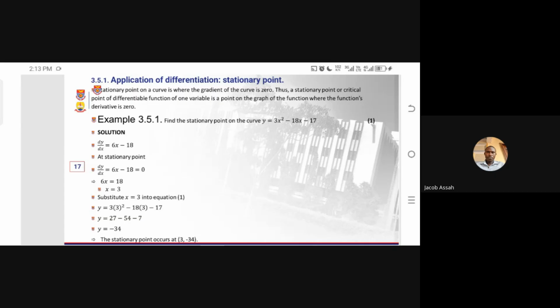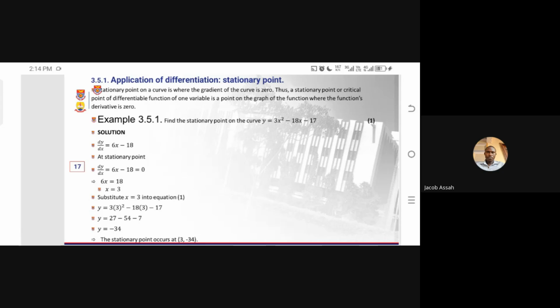Thus, a stationary point or critical point of a differentiable function of one variable is a point on the graph of the function where the function's derivative is zero. So for applications of differentiation, we'll be looking at stationary points, which is the same as the critical point. It is the point on the graph where the gradient is zero.